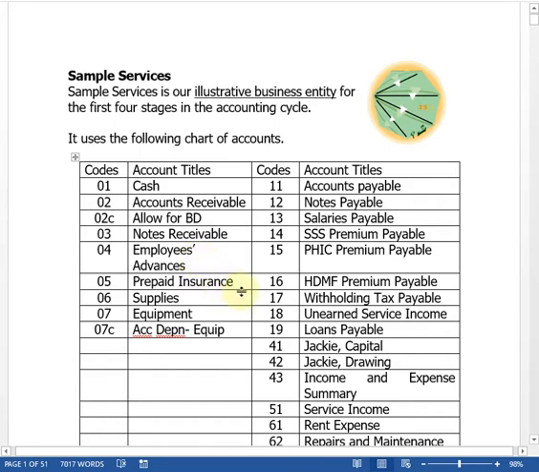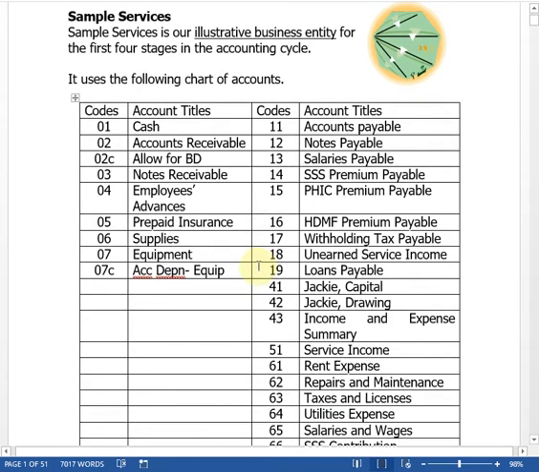For example, if the transaction is rental, then the company obviously has to recognize rental expense or rent expense.